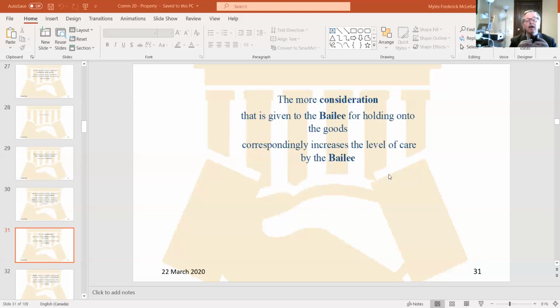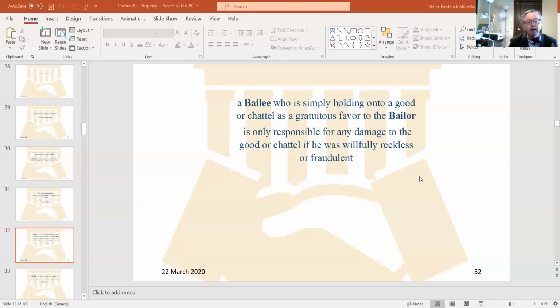The more consideration that is given to the bailee for looking after goods, correspondingly the higher the level of care that the bailee has to provide with respect to that particular piece of personal property. If a bailee is simply holding on to a chattel as a favor to a bailor, that's usually not the case in a business transaction. It can be, but this is more common in personal bailments.